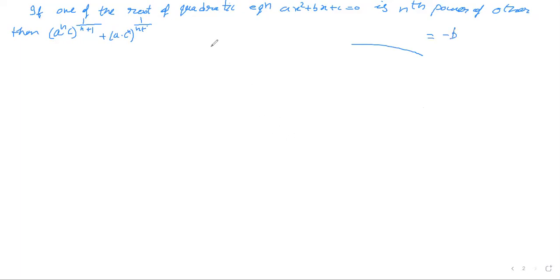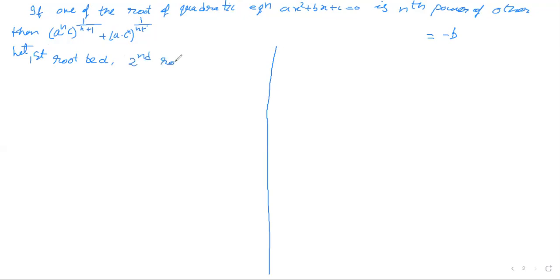Okay, so how to prove this? It is clearly given that one of the roots of the quadratic equation, if we consider the first root to be alpha, then what will be the next root? Alpha to the power n. It is alpha, not a, coefficient of x².